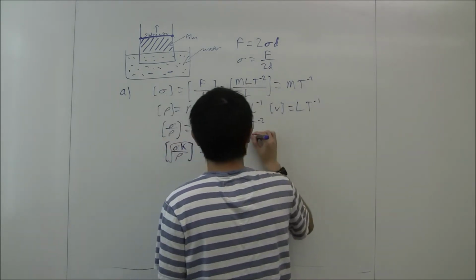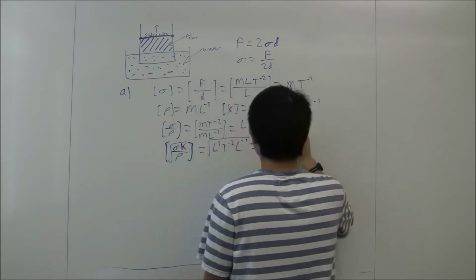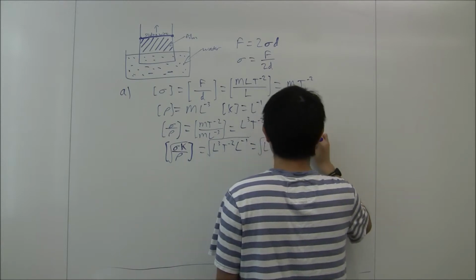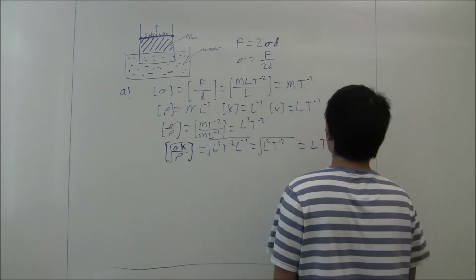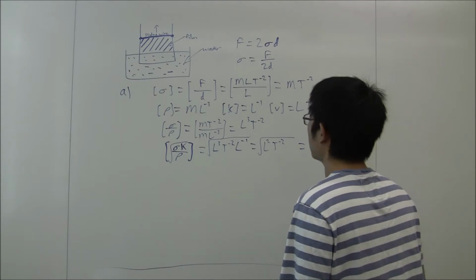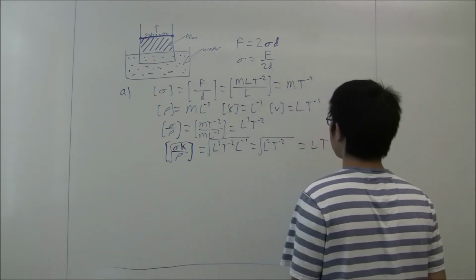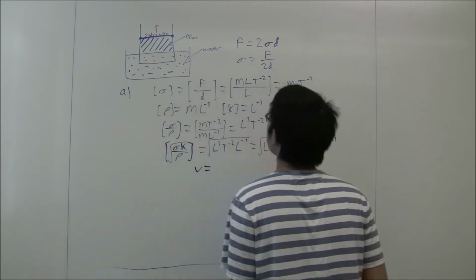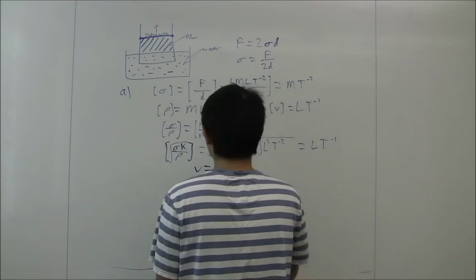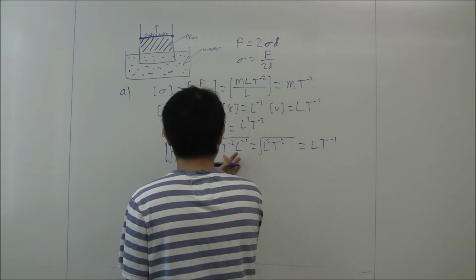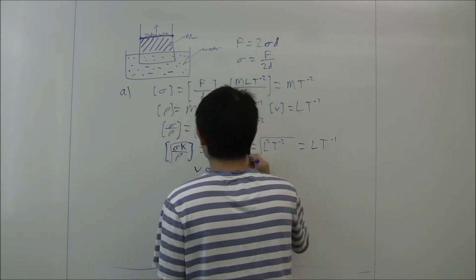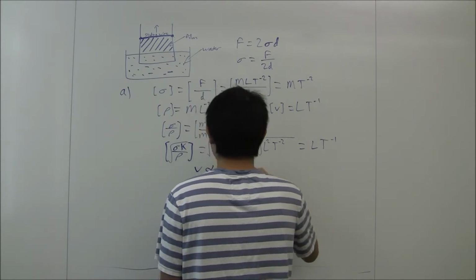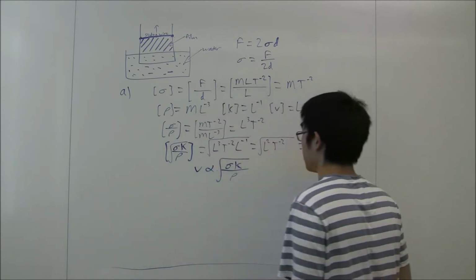You square root this whole thing, so that's going to be the square root of length squared times time to the negative 2, which is going to give us length times time to the negative 1. So now we have units of velocity, which means that the velocity of the wave is going to be proportional to the square root of the surface tension times the wave number divided by the density of the water.